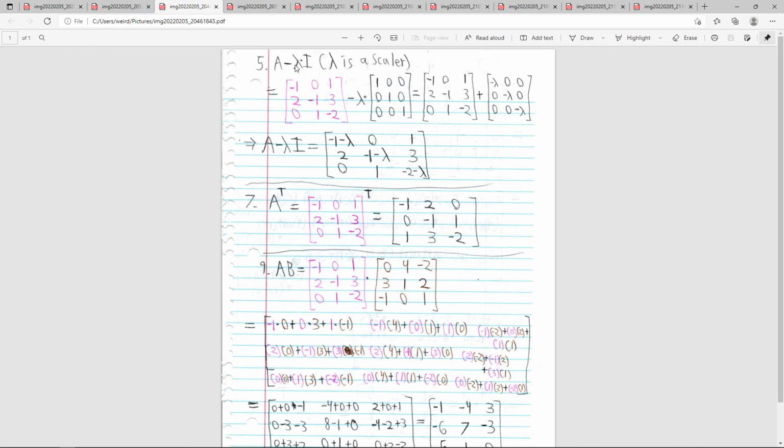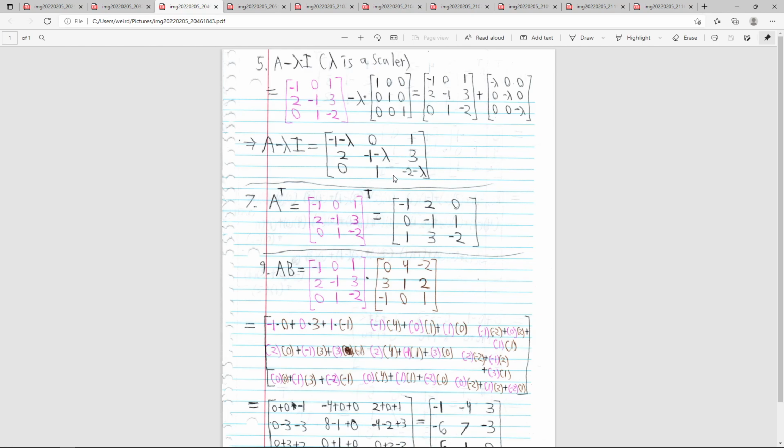So A minus lambda times I, where lambda is a scalar. This one's a little bit more interesting. I just do negative lambda times I and just add them. You could just do lambda times it and then subtract it, but it's the same thing. All you do is, the diagonal really changes; it's just subtracting lambda.